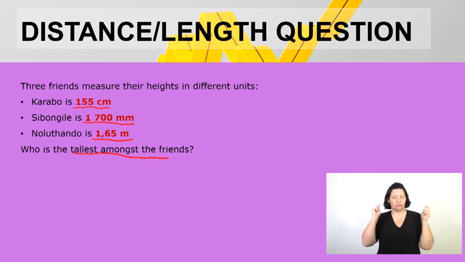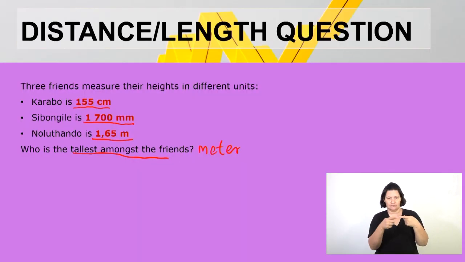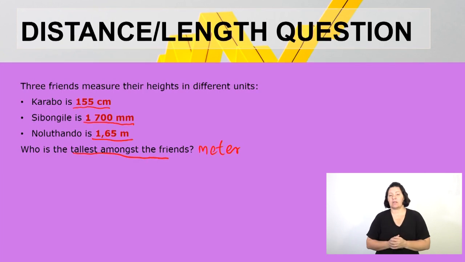So in other words, we have to convert everything to the same units. And remember, when we work with height, the correct unit that we use for height is meters. So everything must be converted to meters. In other words, we're going to convert the height of Karabo and the height of Sibongile and keep the height of Noluthando. Let's do the calculations here.